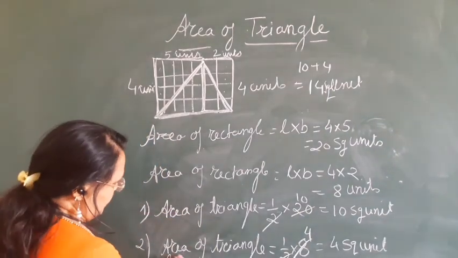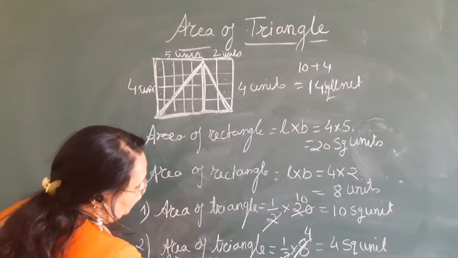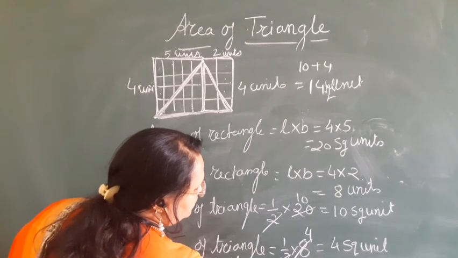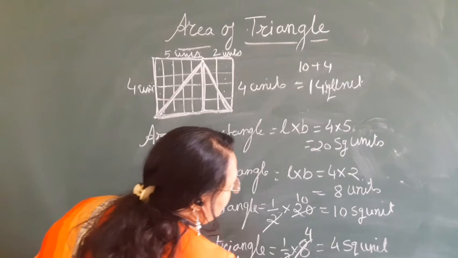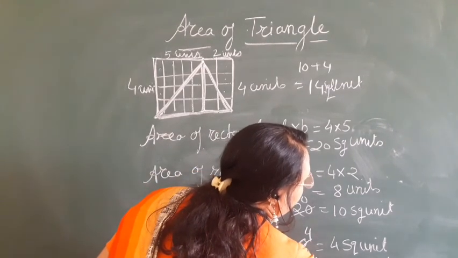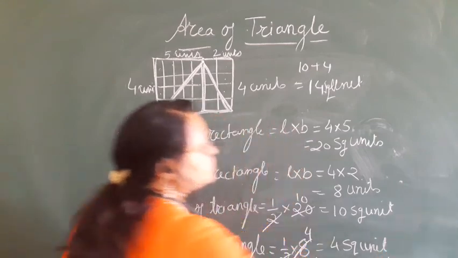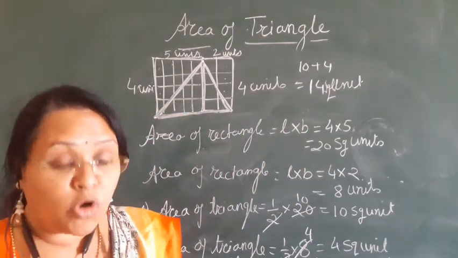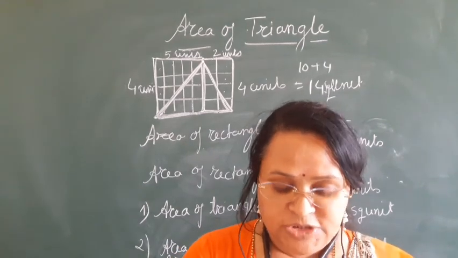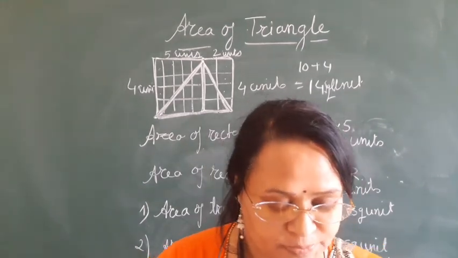Okay, so the area of the whole triangle equals 10 plus 4, it is 14 square units. It is solved in the book, you can read properly, so you get the answer.